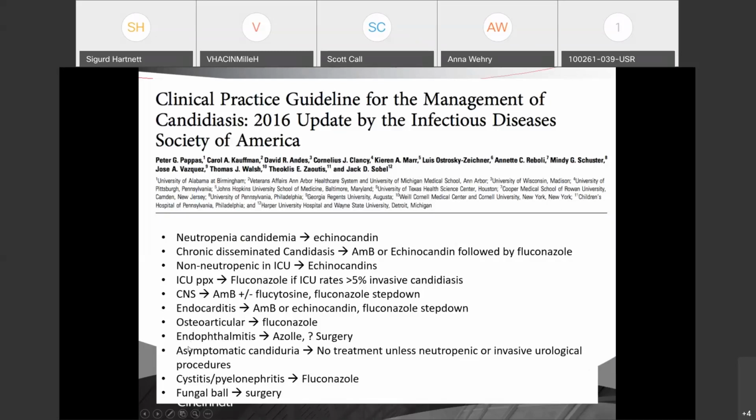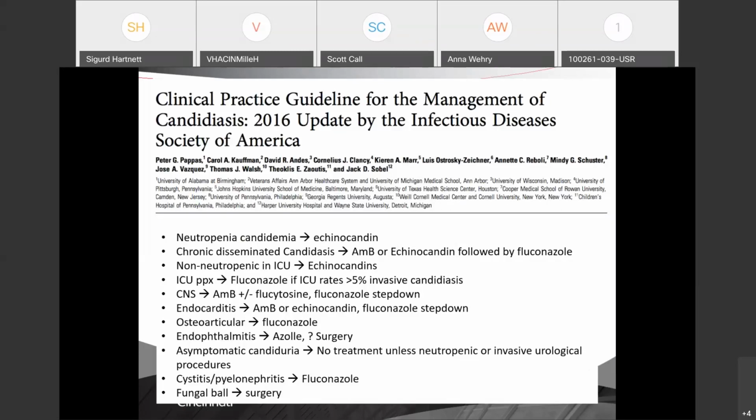If you're asymptomatic and you have candiduria, you don't need to treat unless the patient's neutropenic or there's an invasive urological procedure. If there are any med-peds people on here, in the NICU, babies that are premature and have asymptomatic candiduria also need to be treated.